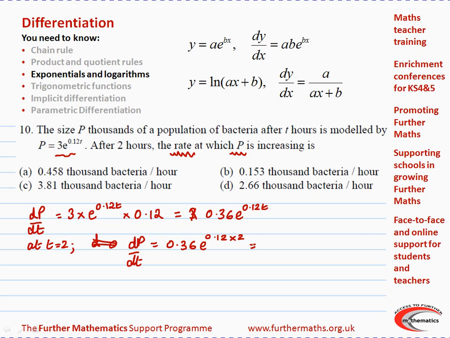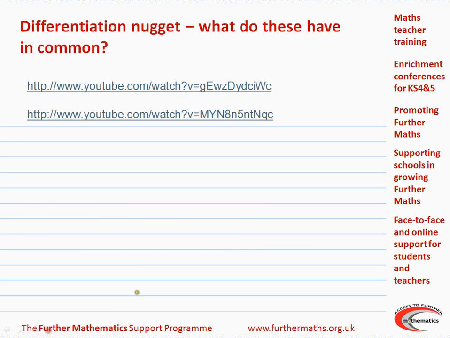So that gives me 0.36 times, I'm going to use my exponential function on my calculator here, 0.12 times 2, and that gives me 0.458, I think, to 3 significant figures, straight out of my calculator there. So 0.458 thousand bacteria per hour. There we go, that matches nicely with answer A there.